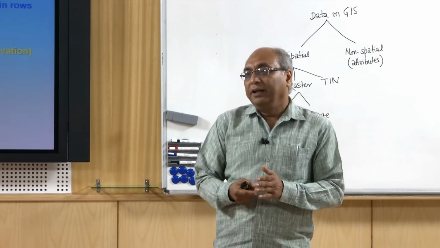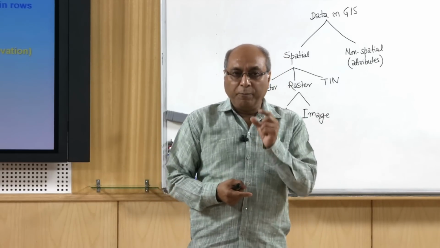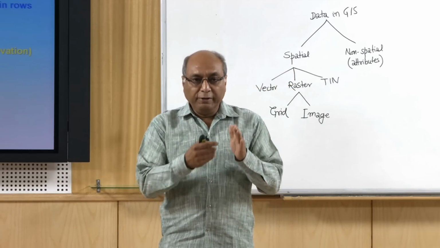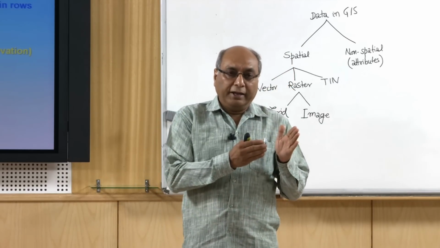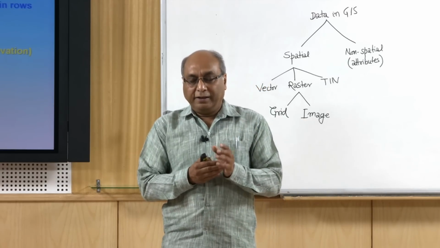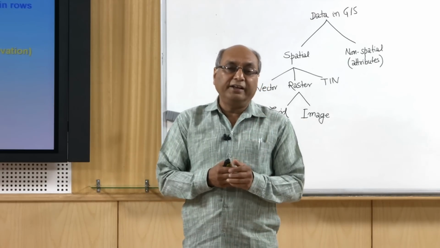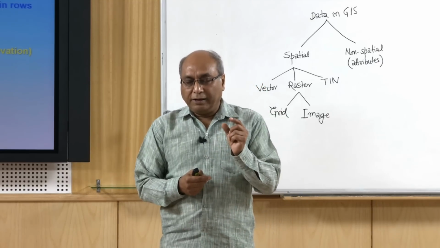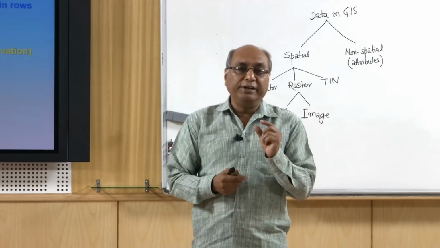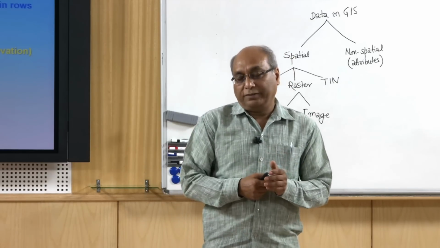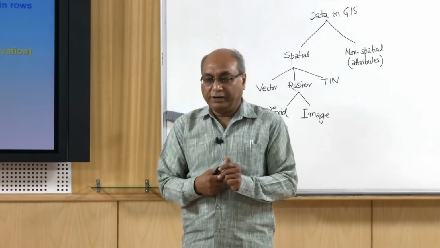For example, in a satellite image, 1 pixel might be representing 10 meter by 10 meter, and if we compare another satellite image where a pixel might be representing an area of 1 meter by 1 meter, that means the image which is having 1 meter pixels has relatively higher spatial resolution.